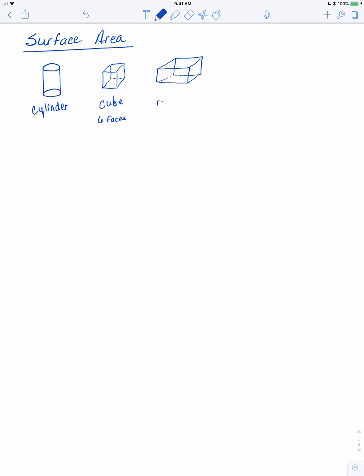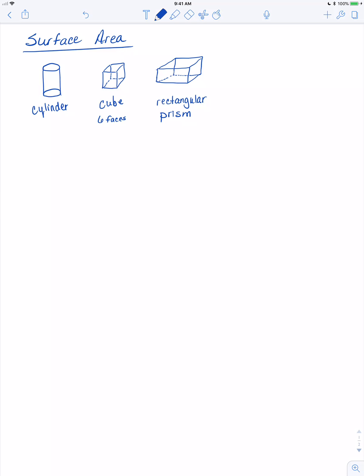So this would be a rectangular prism. And so if you look at those edges, the faces there, it has 6 faces, but they're all different sizes. So you want to keep that in mind also.